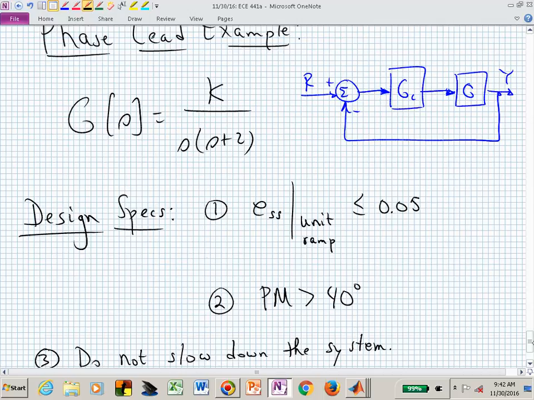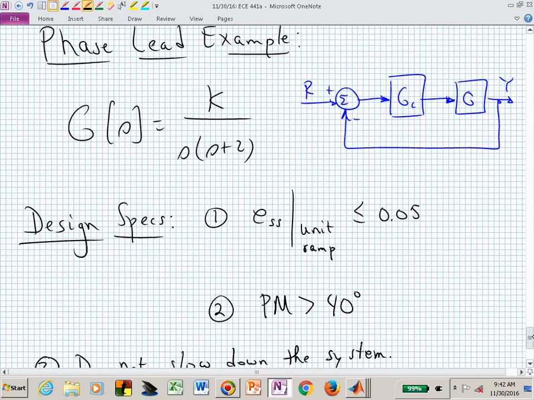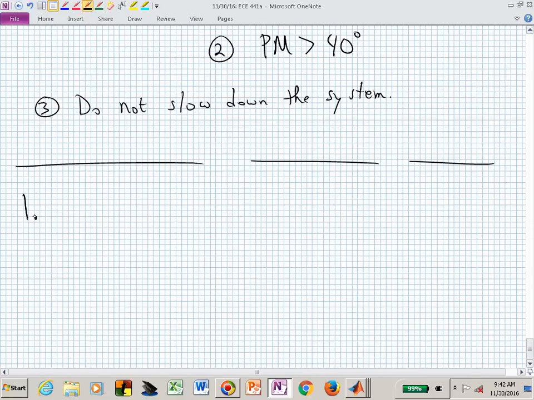So let's now find k in our system to make that happen. That's step number 1. In step 1, we want to find k using the error steady state specification.